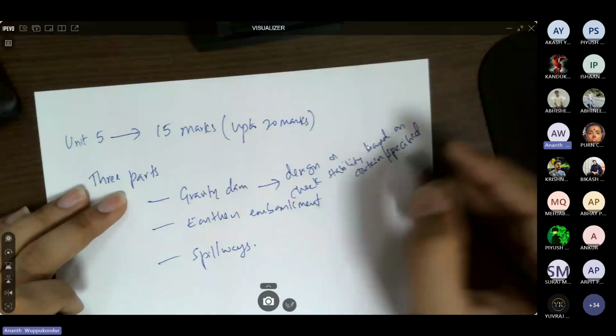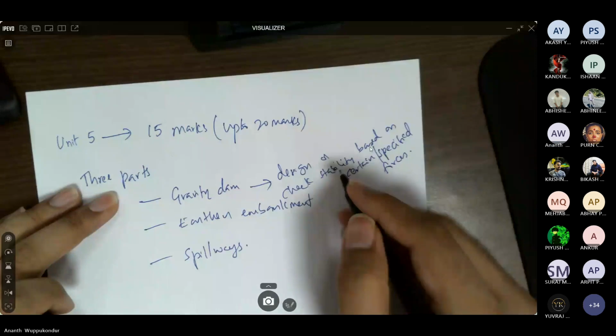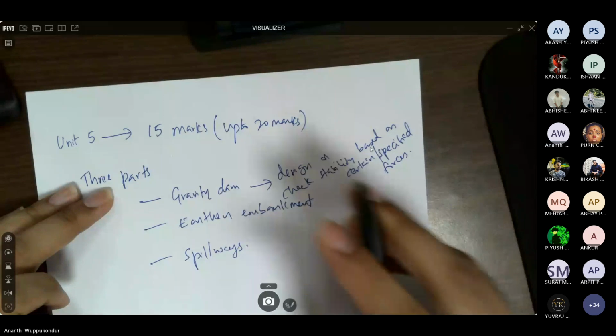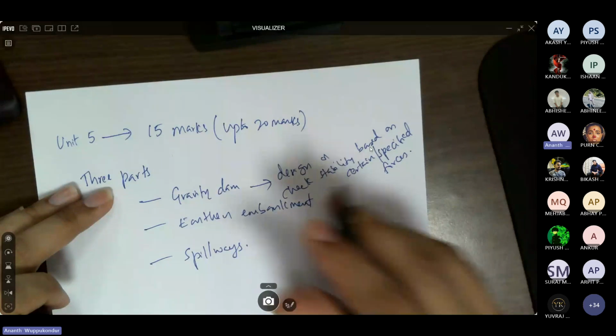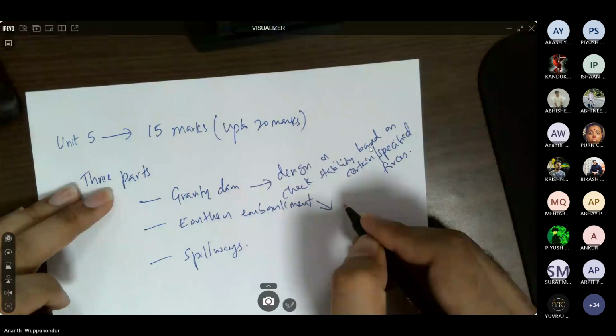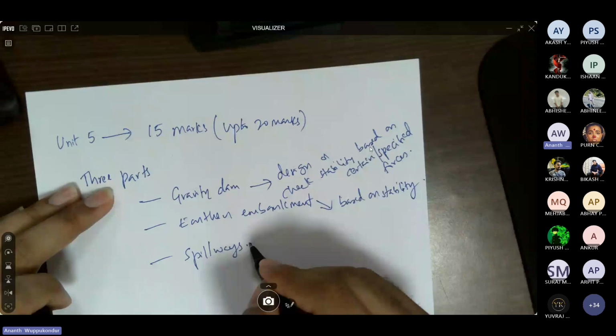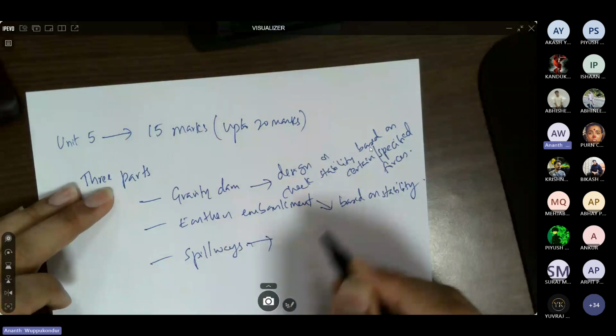So I might specify the forces which you need to consider, or I'll ask you to consider the forces that are required. And again, earthen embankment would similarly be based on stability, and spillways, whatever is covered in the lectures.